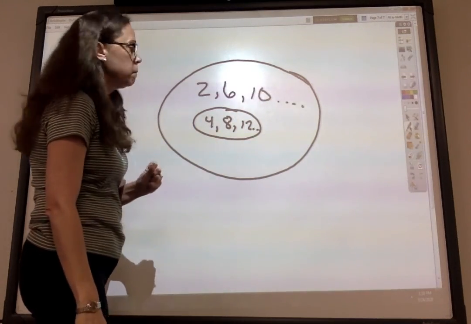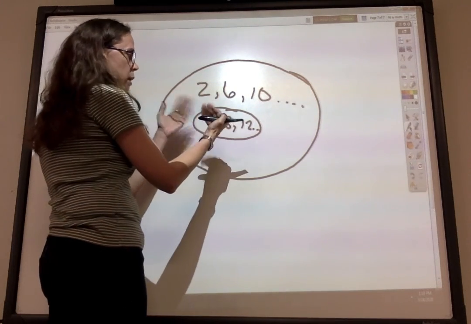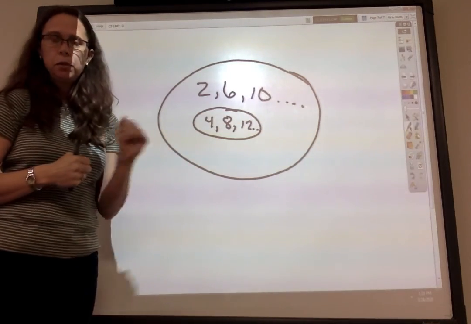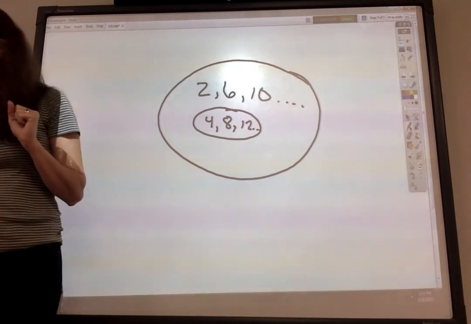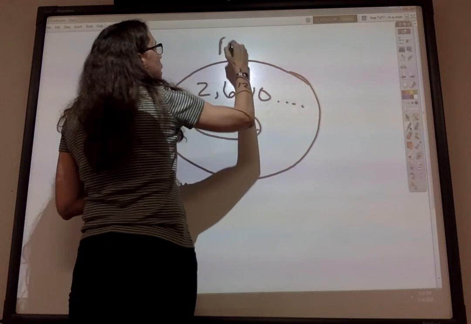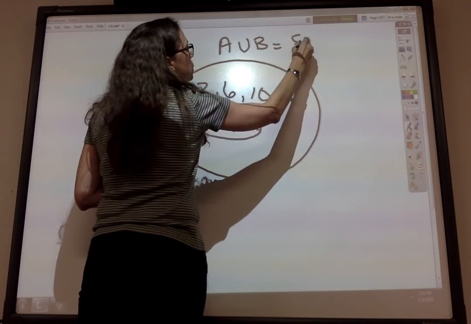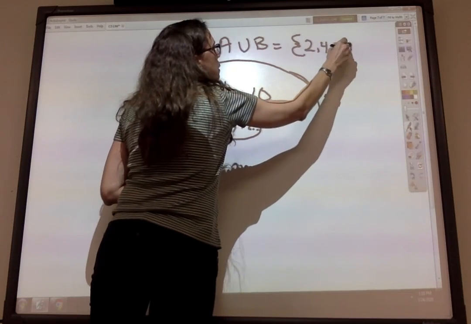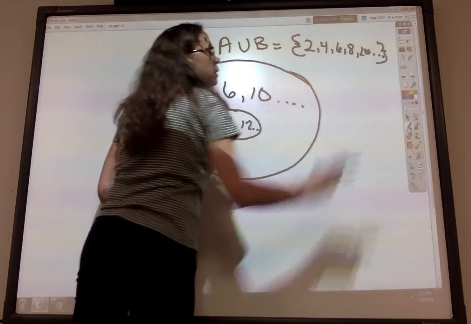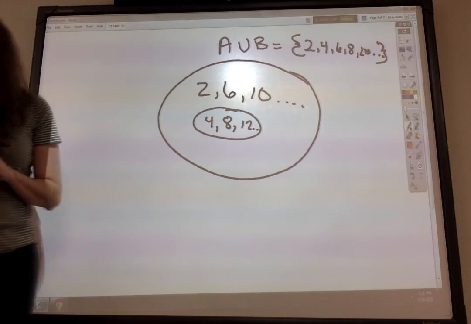This is actually showing that B is a subset of A. So this would be showing the union. And if we wanted to show it in set notation, we would say A union B is 2, 4, 6, 8, 10, and so on. That is the notation there.